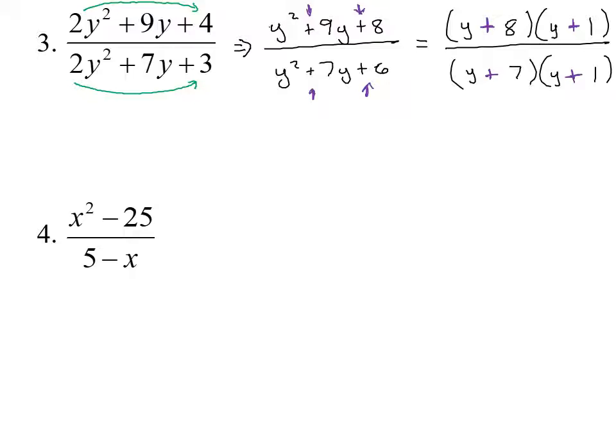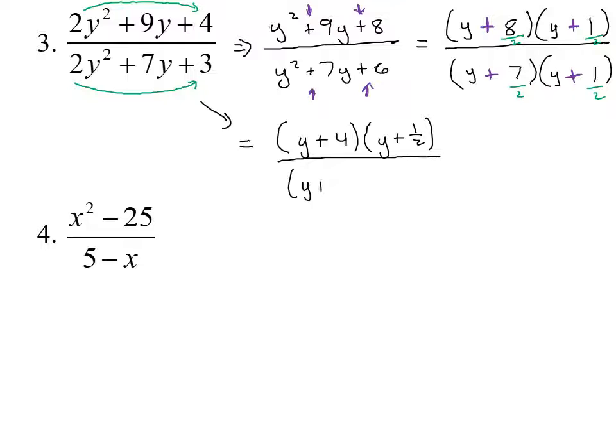Now, at this point, because I multiplied by 2 at the very beginning, I have to divide everything in the problem on the number side by 2. And so this will actually factor into y plus 4, oops, sorry, I forgot the parenthesis there, (y plus 4)(y plus 1/2) over (y plus 7/2)(y plus 1/2).